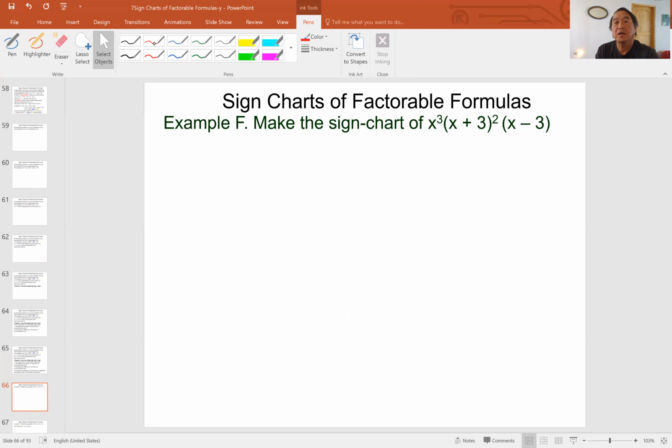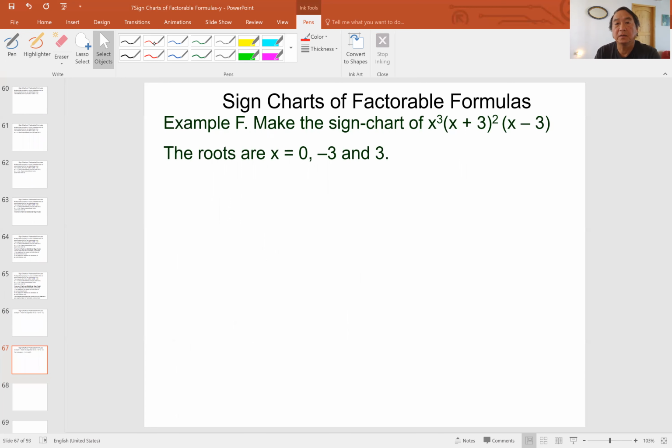First, let's make the sign chart of these. So the roots are 0, from here -3, from here +3.